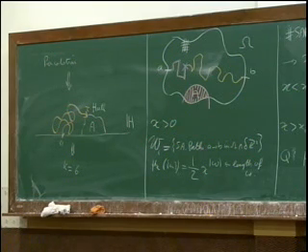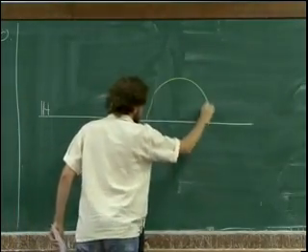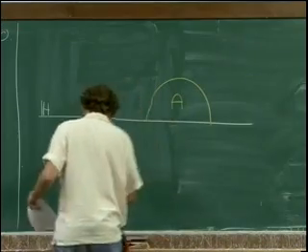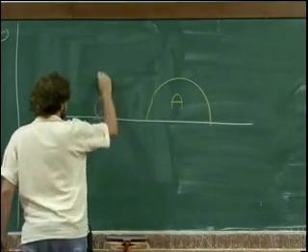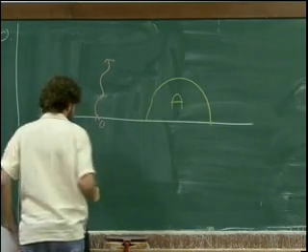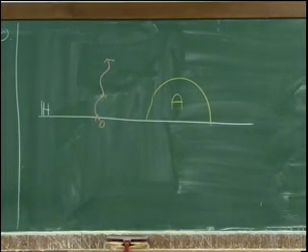So here is the upper half plane. Here is A. And here is the curve gamma. So this is 0. I'm still writing it as a simple curve, and now it will be a simple curve because it's the limit of a self-avoiding walk which wants to be more like a simple curve.